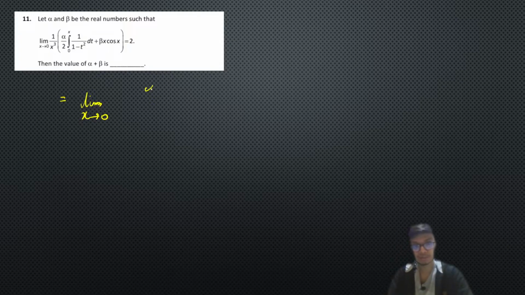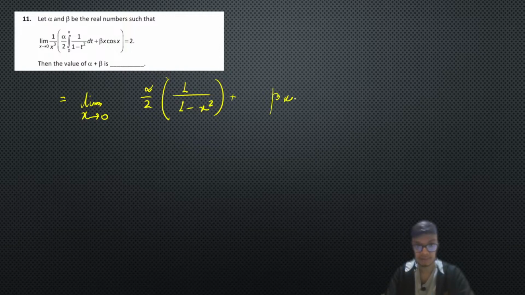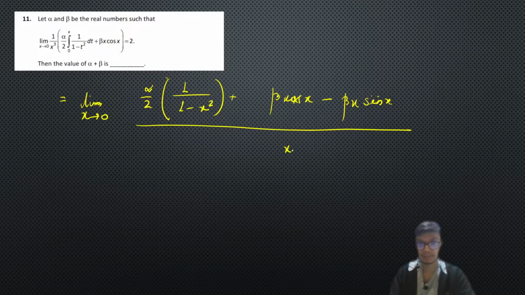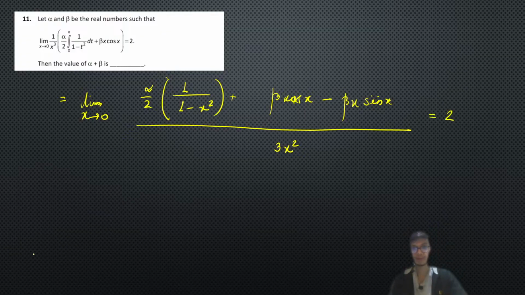The differentiation of the numerator will be given as alpha by 2 times 1 by 1 minus x square, and then plus beta times cos of x minus beta times x sine of x, and then whole divided by 3x square. This result is given to us as equal to 2. Again, if I put 0, let's see what form it becomes.